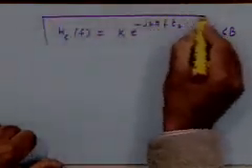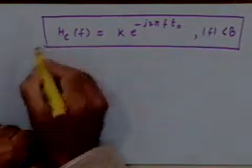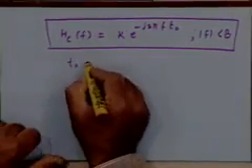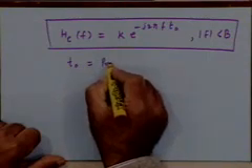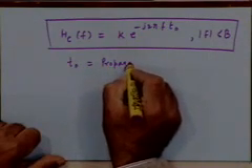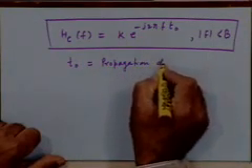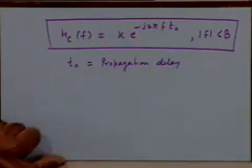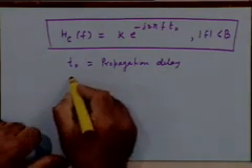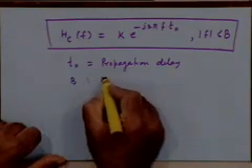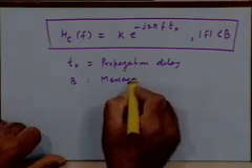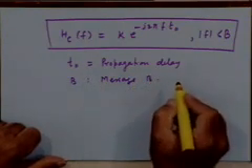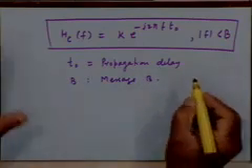That's our condition for distortionless transmission, right? Here t sub 0 denotes the propagation delay, b here is the message bandwidth, and k is the attenuation constant, right?